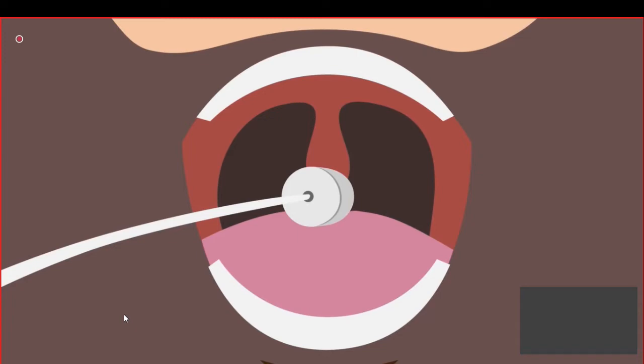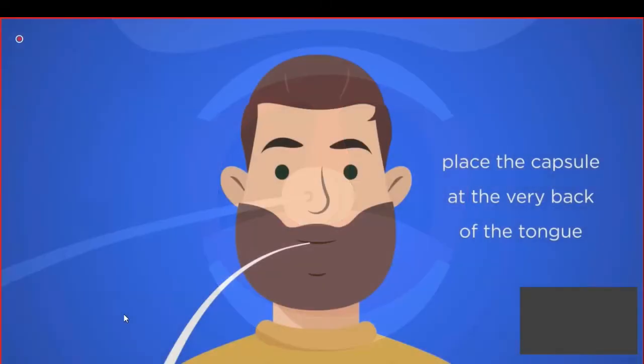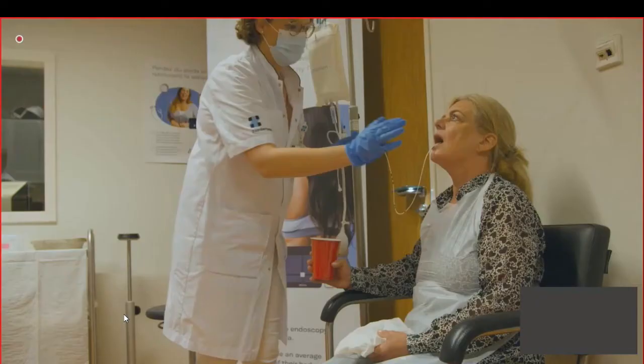The only thing is we should place the capsule over the back of the tongue, like this. Sometimes if the patient is educated enough, they can do it on their own, but it is better to place it with the help of the physician on the back of the tongue.